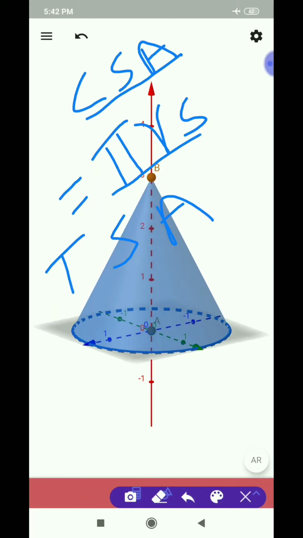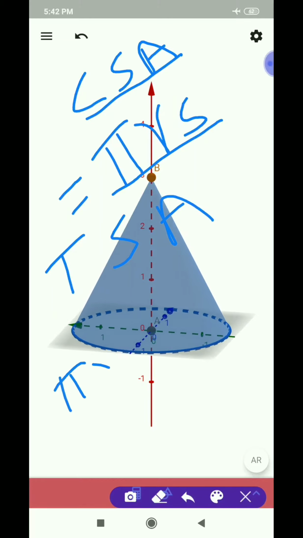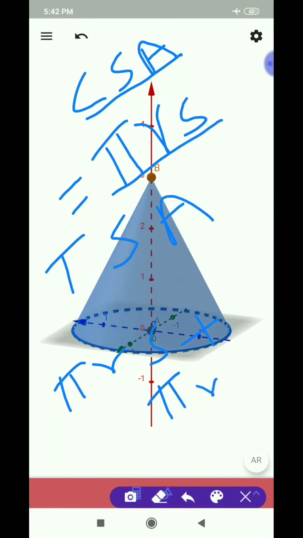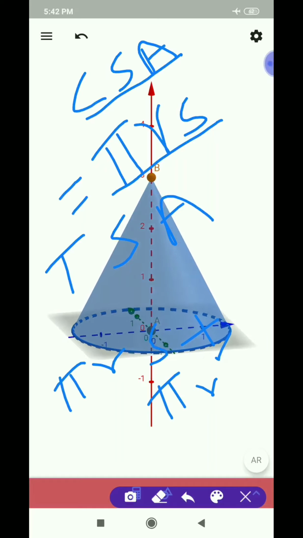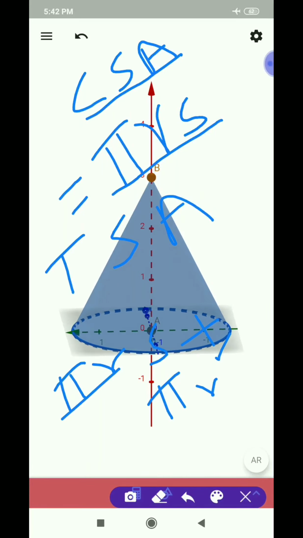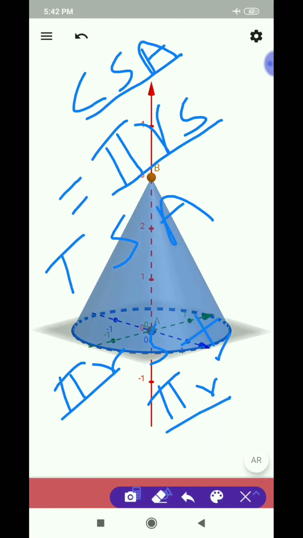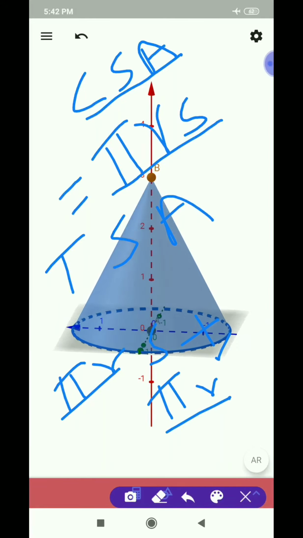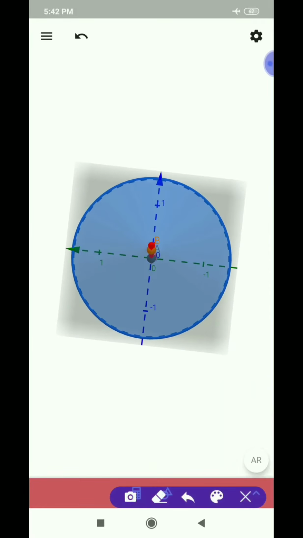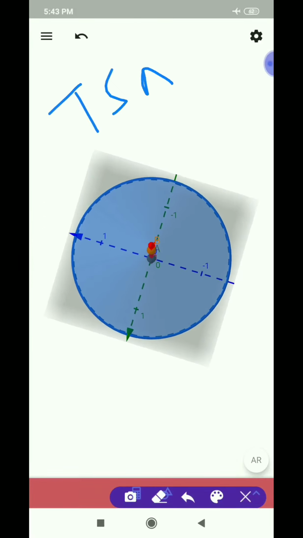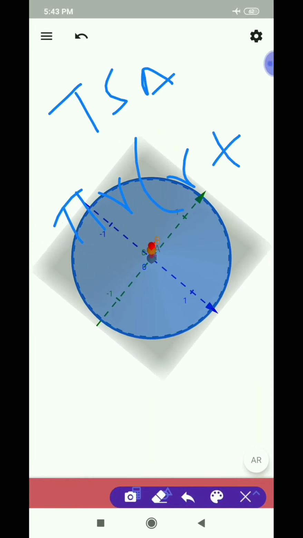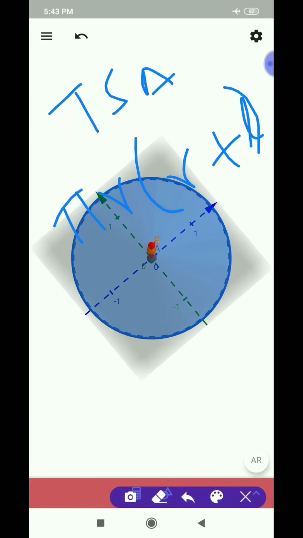The lateral surface area is pi r s plus base area pi r square. Taking pi r as common, we will get pi r into r plus s. Once again, total surface area is pi r into r plus s, or r plus l.